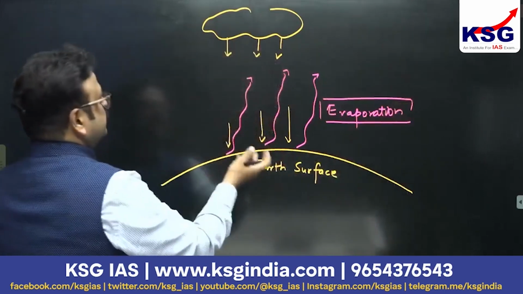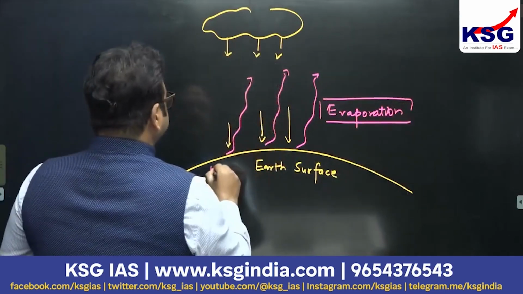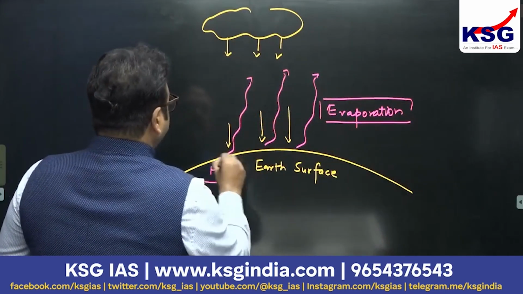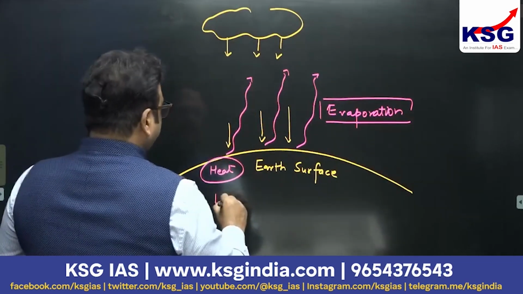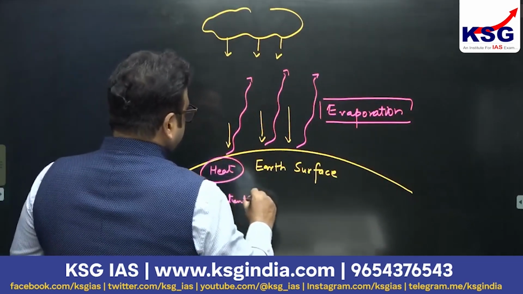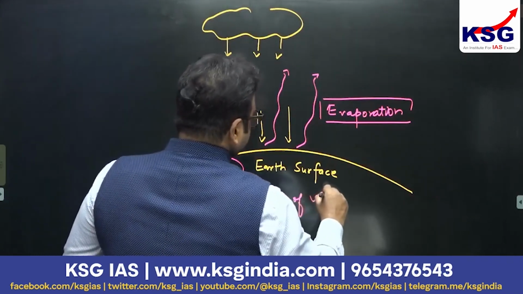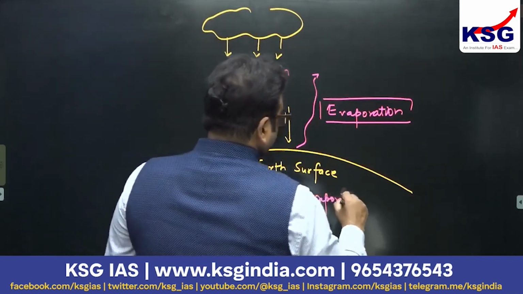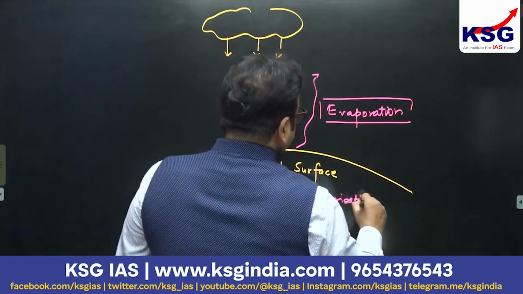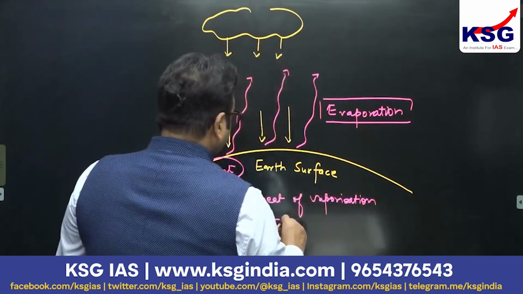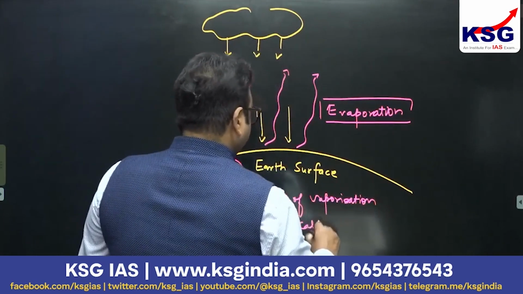Water molecules absorb the heat which is present in the earth. And what is that heat? Latent heat of vaporization. And that is what? 540 calorie per gram.